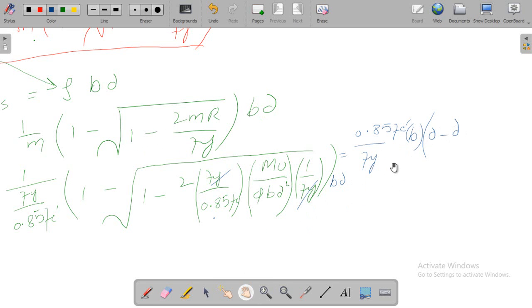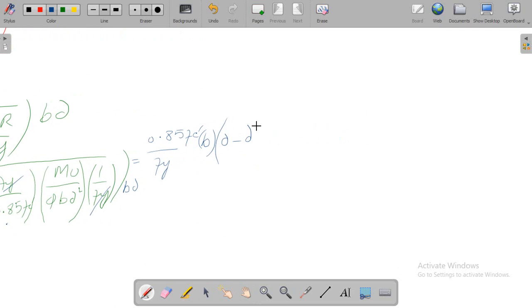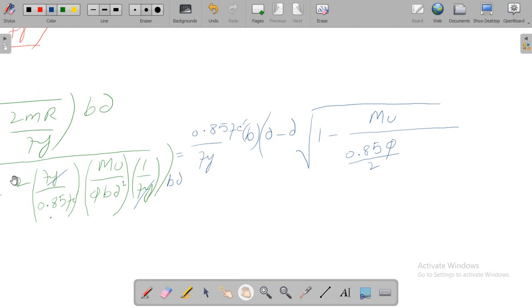And here we have under root 1 minus mu divided by 0.85 times phi value divided by 2, because we are shifting the 2 right here to the denominator, so it becomes in division right here, and phi value will be this one.